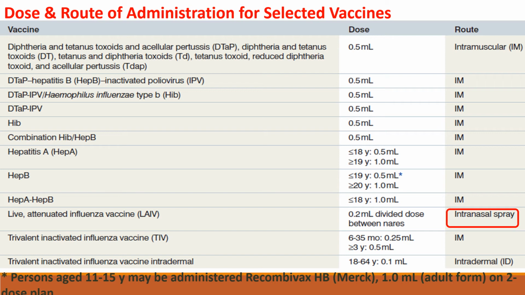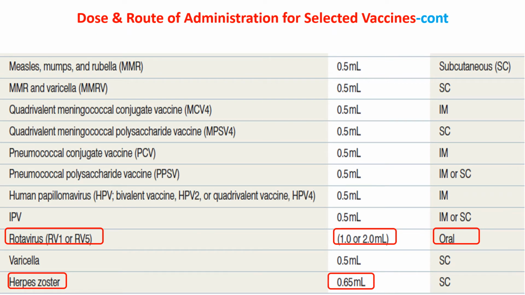Okay? And you can write this table or print it and put it in your file. I put this also, you can write it or print it and put it in your file.